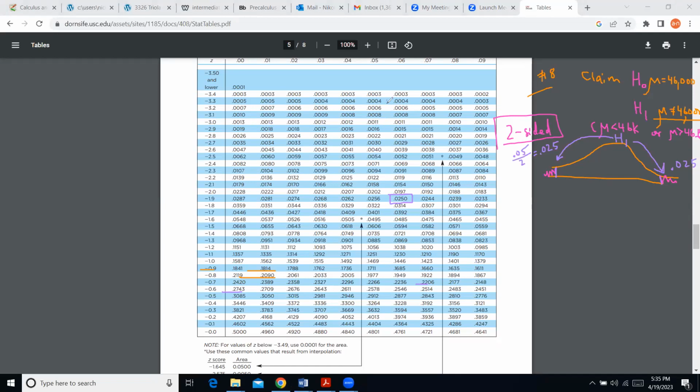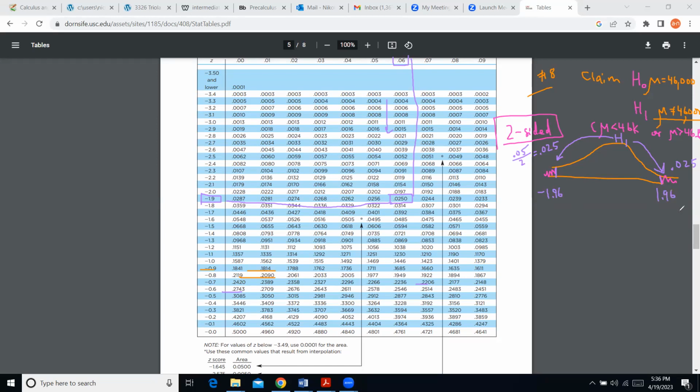You start on the top and notice the numbers start to increase: 16, 22, 30, and so forth, and I need 250. So eventually we get 200 and then 250. So we see what row and column this number corresponds to. And once I saw the row and the column, I put together -1.9 with 6 hundredths, and I do the same thing on the other side because the picture is symmetric.